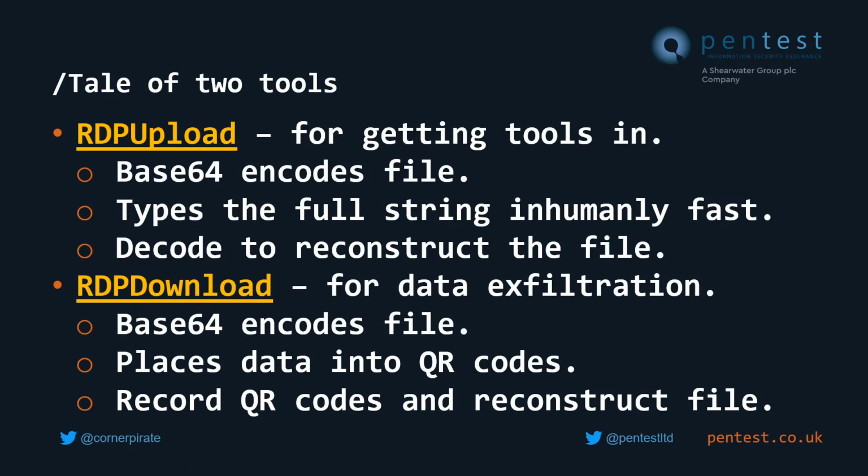So to get files into an environment that's restricted, it base64 encodes the file you want to upload. It then types the full string inhumanly fast. It breaks it up into chunks that can be typed, and then it effectively spoofs the key presses. You've got about 3 seconds to dump the mouse cursor into the remote environment where you want the file to land, and it will just type it.